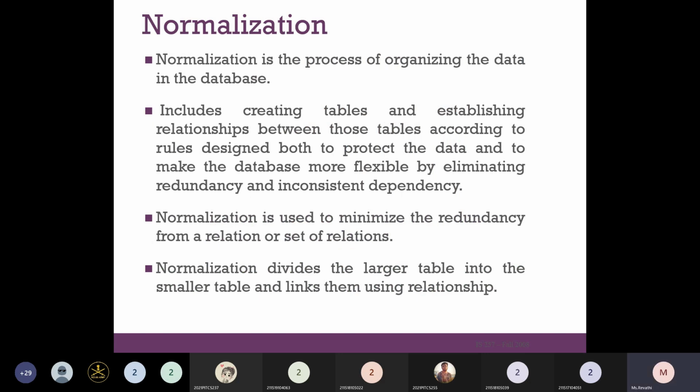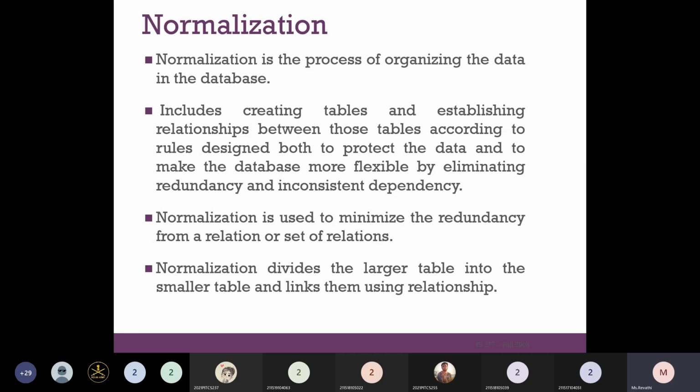So to start with, in general, normalization allows us to organize the data in the database. Here we store the data as a database, and the database takes the form of tables. By using normalization, which is a concept, a technique or a process, we can organize our data in a good manner.